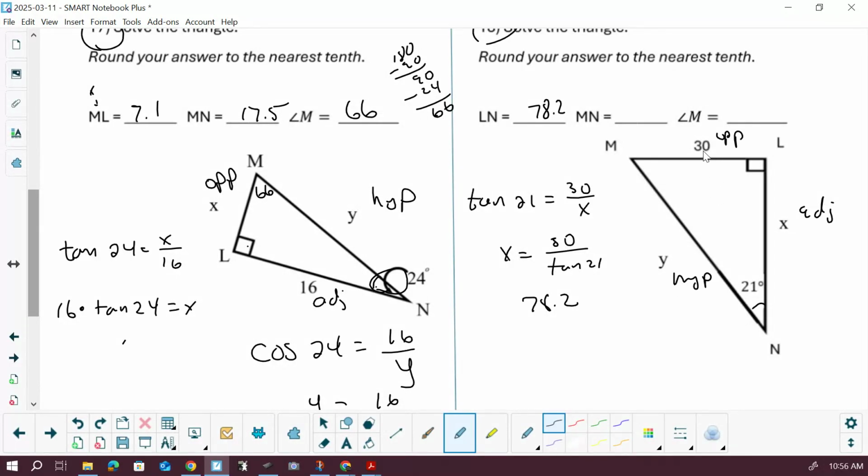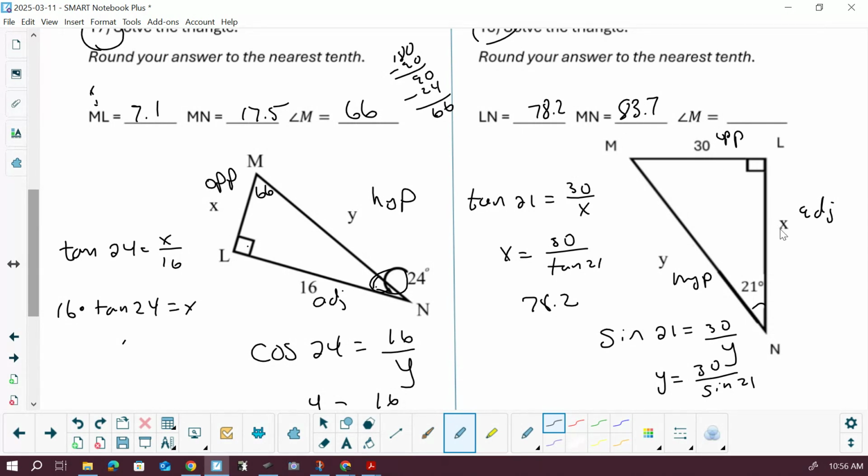We have 30. We have opposite and hypotenuse. That's sine. Sine of 21 equals the opposite over the hypotenuse. Again, the variable's in the denominator. We do our shortcut. 30 divided by sine 21 is 83.7.